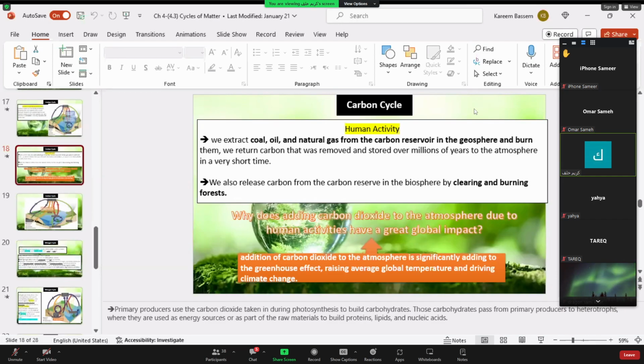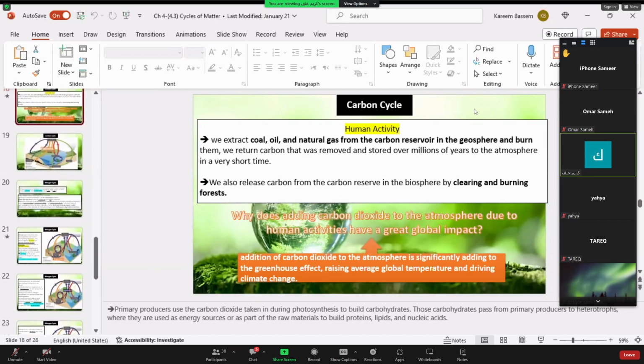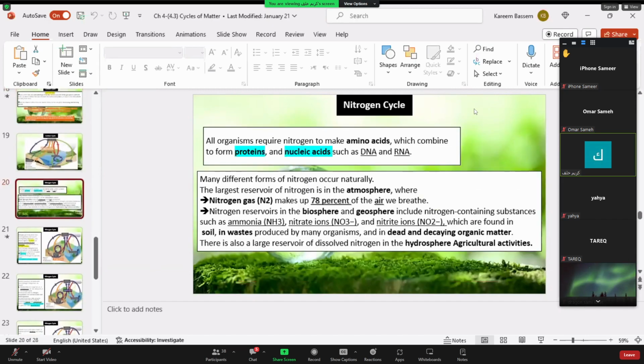So it's recycling due to human activity. Also affecting the green areas by afforestation or deforestation will cause a similar effect. So this is for the carbon cycle.